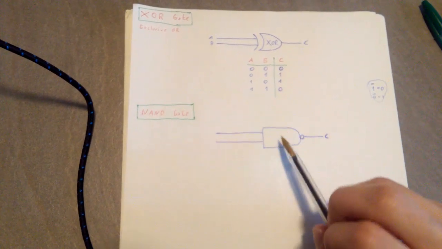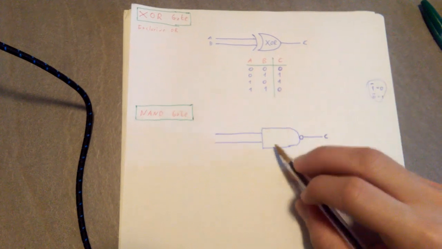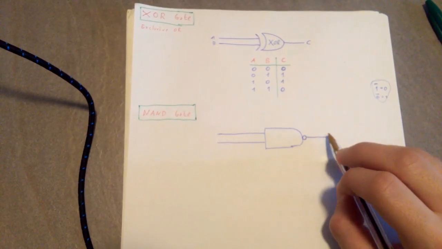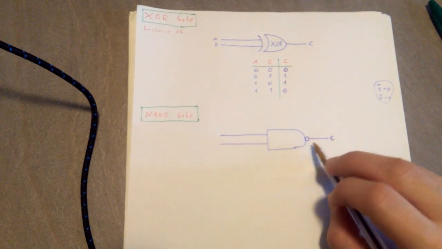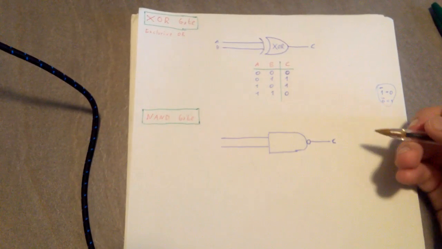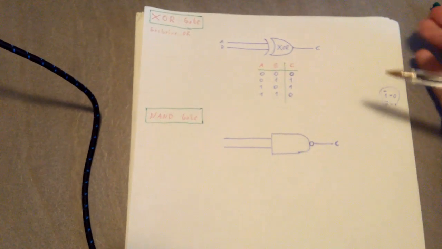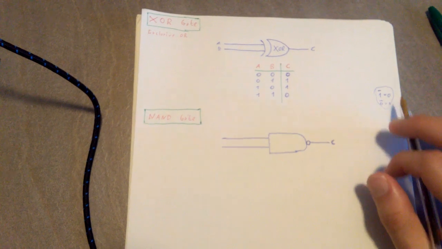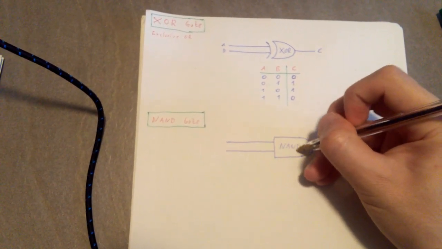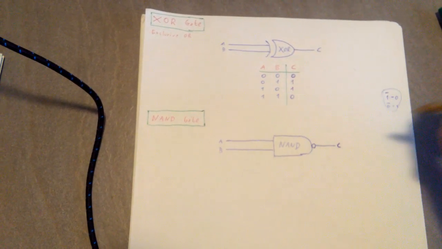This basically means that the input goes through the AND gate, and then whatever we get, before it actually reaches the output, we're going to invert it. We're going to negate it, just like I did here. So this is a NAND gate. We have A and B, and this one is the output C.